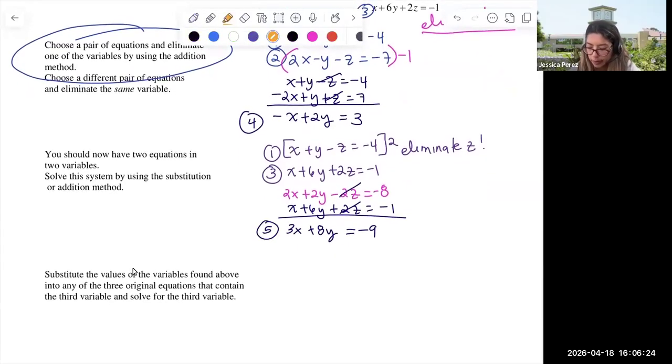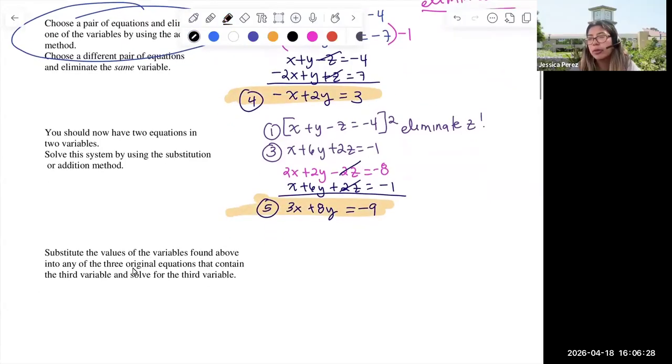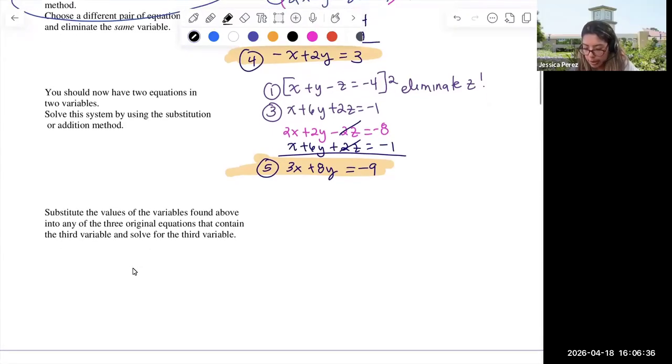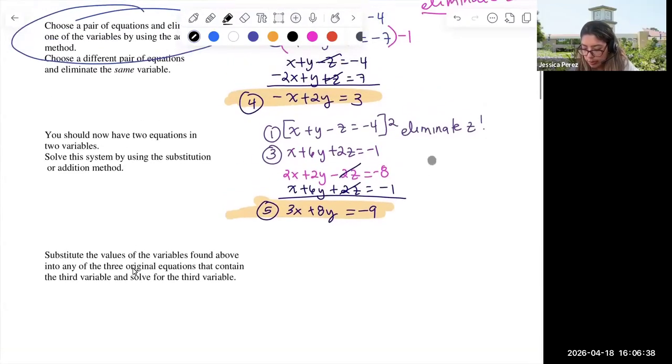So now I have equation 4 and equation 5 that I will combine because now they only have variables x and y. And this becomes a question from section 8.1. So that's -x plus 2y is equal to 3, 3x plus 8y equal -9. Now what I want to do is eliminate x.